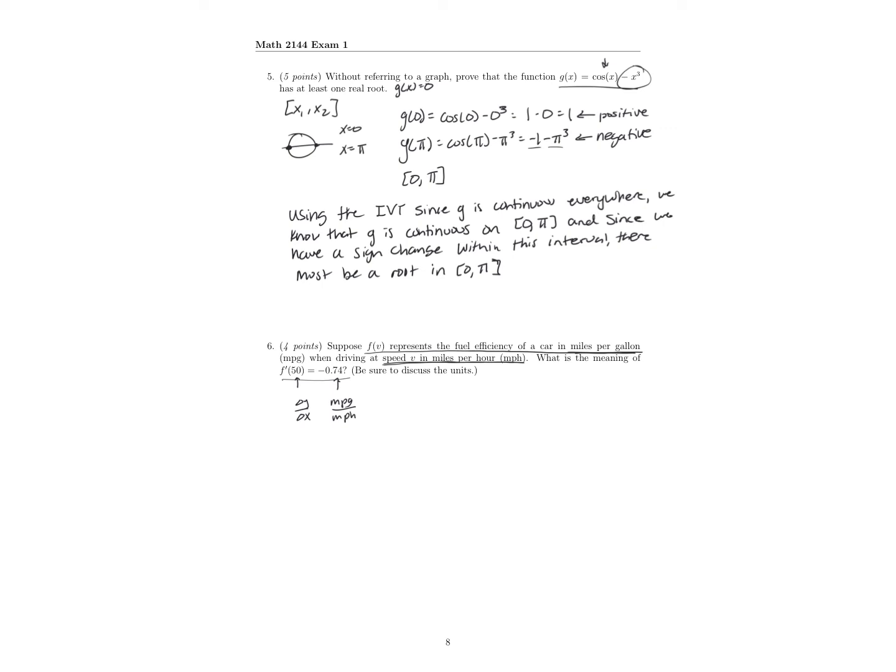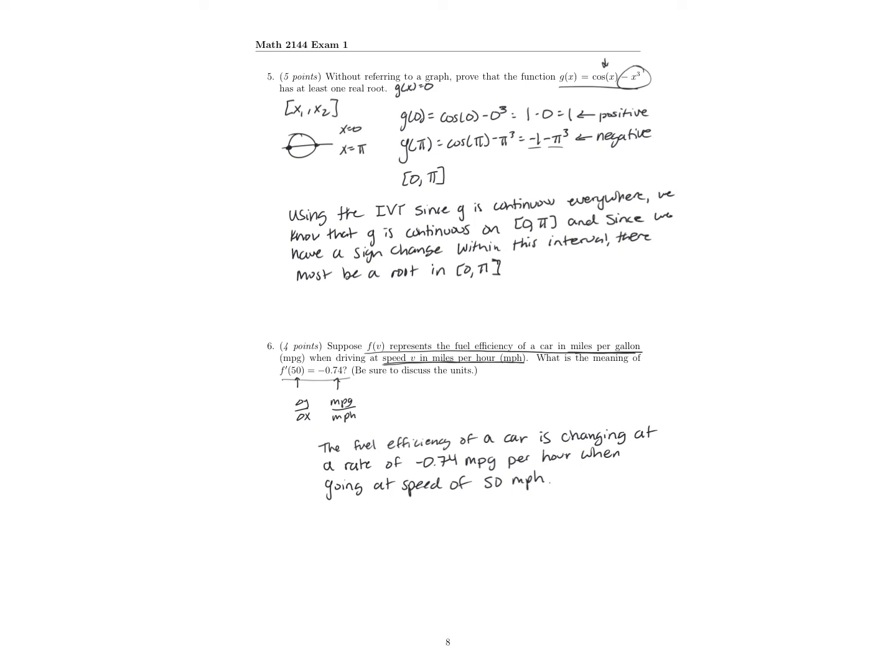To describe what's happening here, we say the fuel efficiency of a car, since we're working with the derivative, is changing at a rate of negative 0.74 miles per gallon per mile per hour when traveling at a speed of 50 miles per hour.